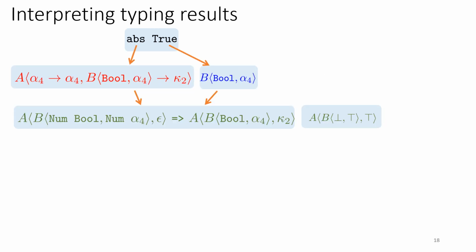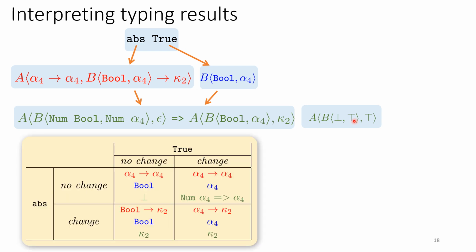Now we have solutions for alpha3 and alpha4 and other type variables. And we can imagine that we have this typing process, and this is the final typing result. And this pattern here indicates where constraint solving is successful and where it fails. Now from these results, we can actually generate all possible fixes.